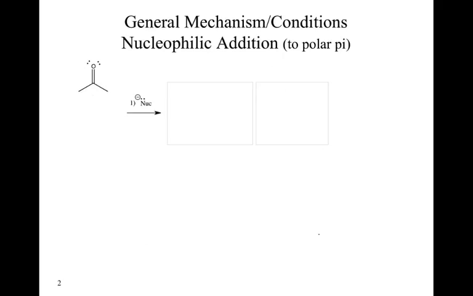As our first step, a general mechanism might be useful. So we've got a couple different conditions we can run under. We'll focus first on just a standard carbonyl with a strong nucleophile. Because it's strong, we're likely running under basic conditions.